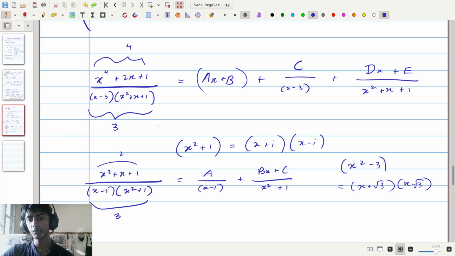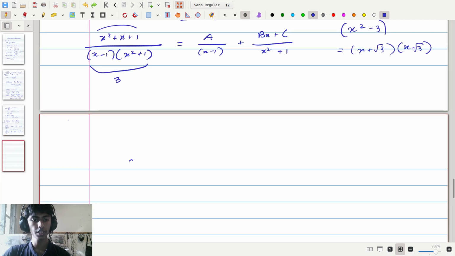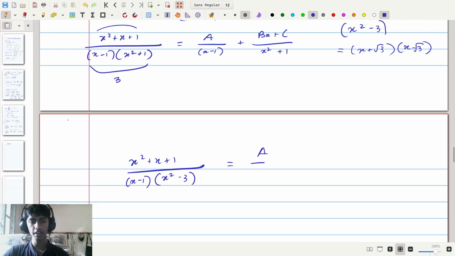For example, here if we have x squared minus 3, this is not factorizable, maybe in rational numbers, maybe that's the thing. This is factorizable into x plus root 3 times x minus root 3, but here the root 3 is irrational. Maybe that's the logic they use when they avoid factorizing x squared minus 3 into x plus root 3 and x minus root 3. So what I mean by this is, if we have, let's actually copy the exact same thing, x squared plus x plus 1 divided by x minus 1 times x squared minus 3, they would not factorize this as a divided by x minus 1 plus b divided by x minus root 3 plus c divided by x plus root 3.